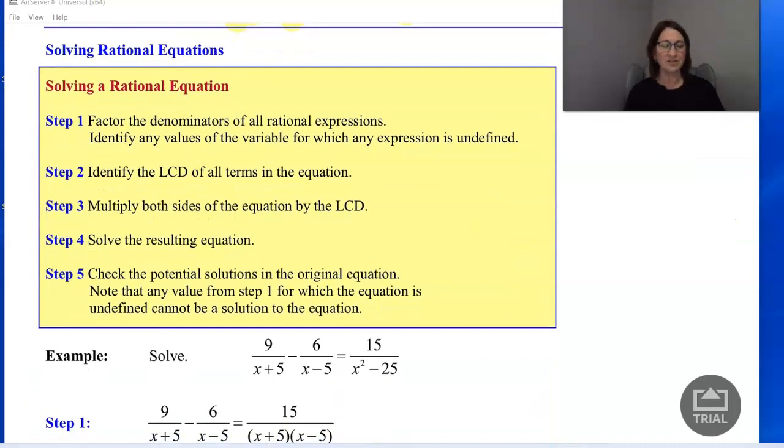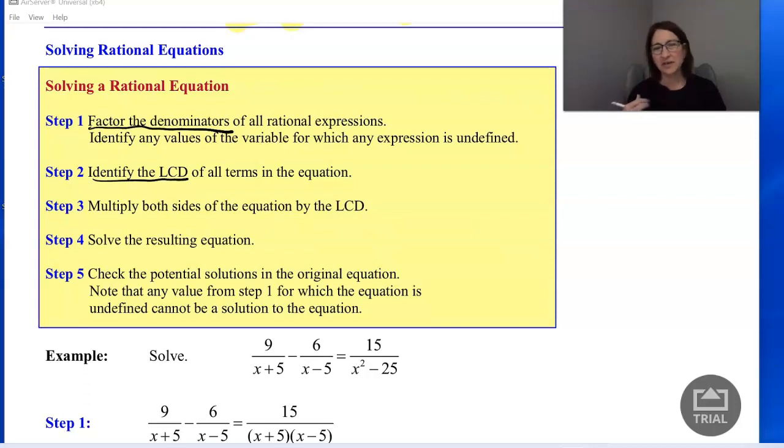So to solve a rational equation, what we're going to do is first factor the denominators of all rational expressions. Then you're going to identify the LCD. Then here's what's different. We're going to use our LCD in a different way.